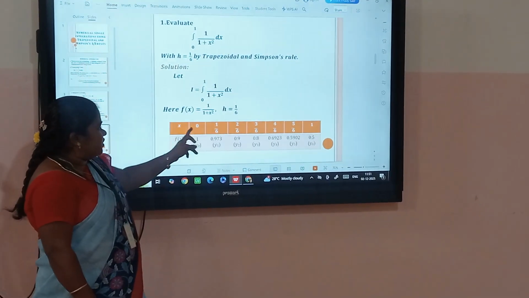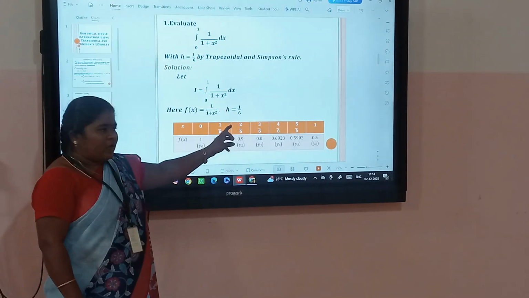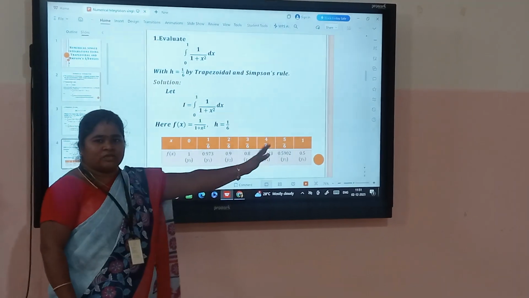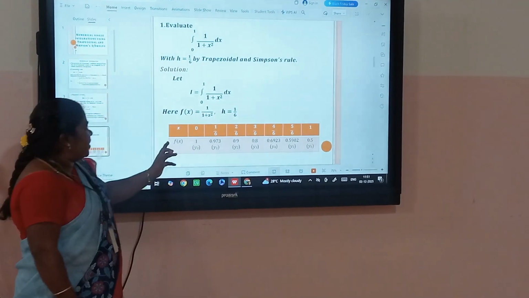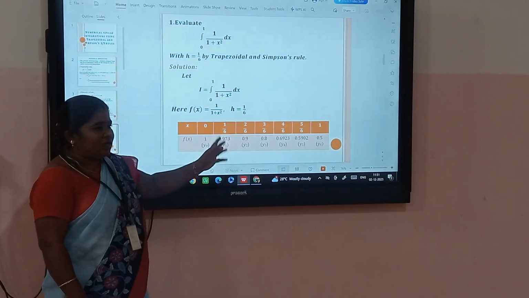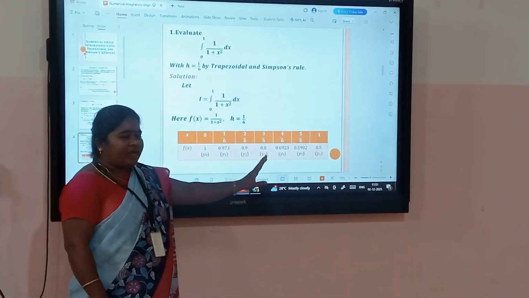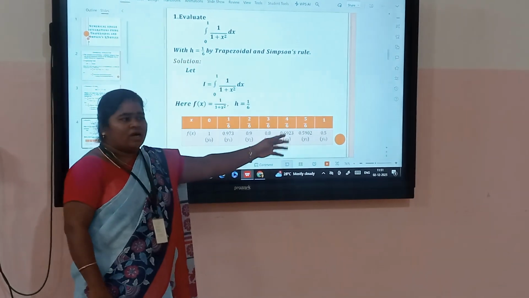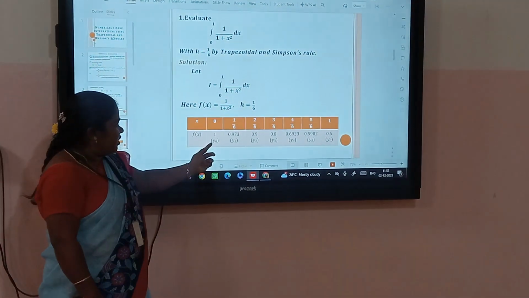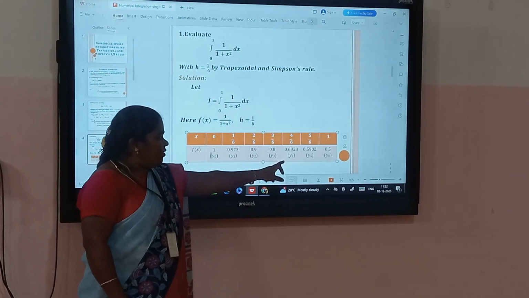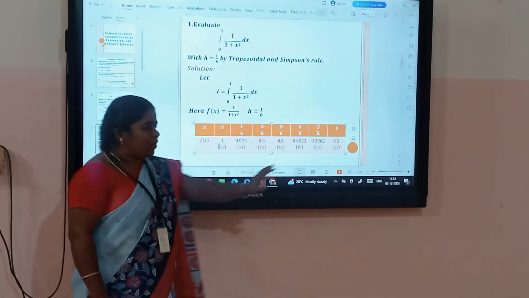Then x equal to 0, 1 by 6, 2 by 6, 3 by 6, 4 by 6, 5 by 6 and last value 1. f of x equal to 1, 0.973, 0.9, 0.8, 0.6923, 0.5902 and 0.5. The first one is y0, y1, y2, y3, y4, y5 and last value is y6.